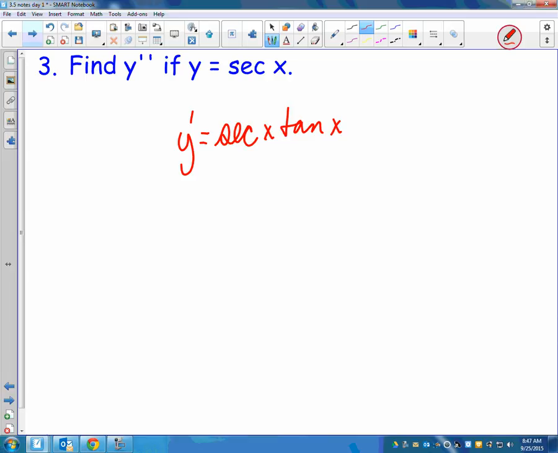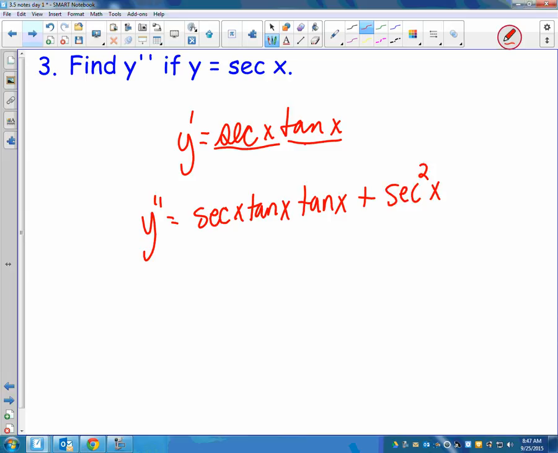So then they have to do the product rule. If you want to do the second derivative with trig, it's going to get a little nasty here. Now we have a function times a function, and it's all trig. So it's good practice. What's the derivative of secant x? Secant x tangent x. Leave the second one alone, so that's going to be times tangent x, plus, what's the derivative of tangent x?